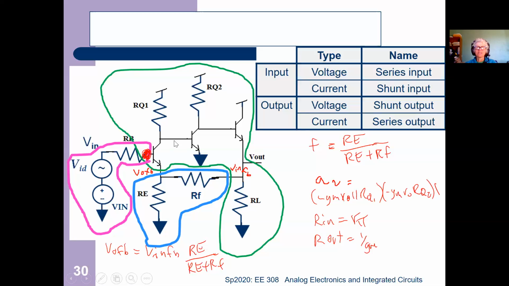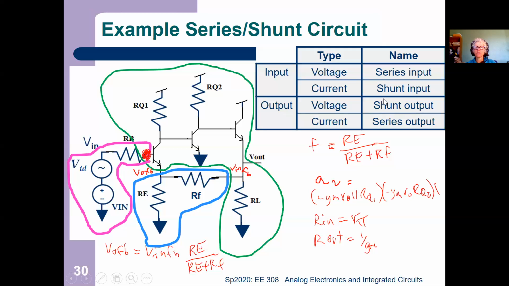If you have a voltage input and a voltage output, in other words, a series input and a shunt output, that's the name of this amplifier. If you tell somebody you've got a series shunt amplifier, they know it's a voltage input, voltage output amplifier. So it's the same as saying a voltage amplifier.